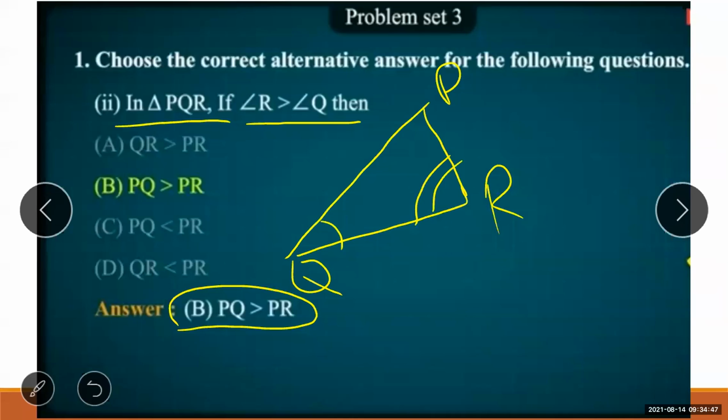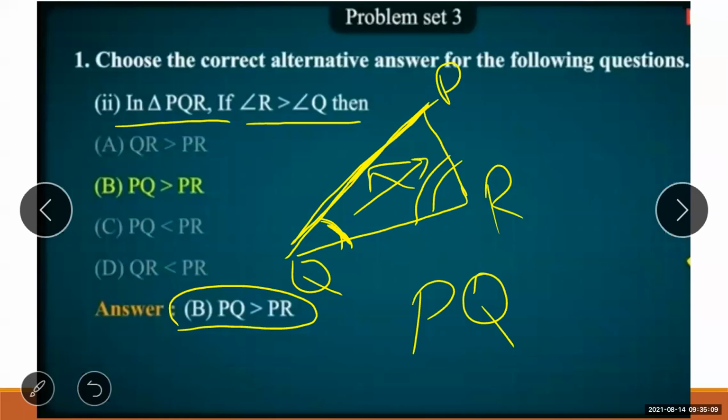That PQ side will be greater than PR. This PQ side is opposite to angle R, and the second angle is Q, and the side opposite to Q is PR.